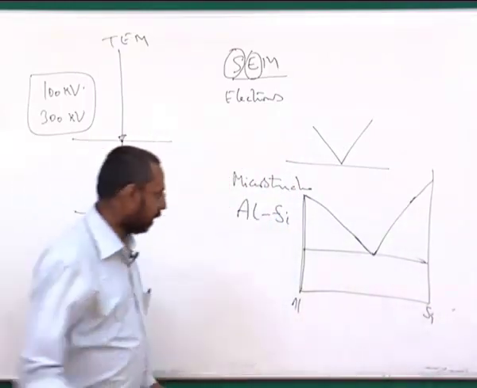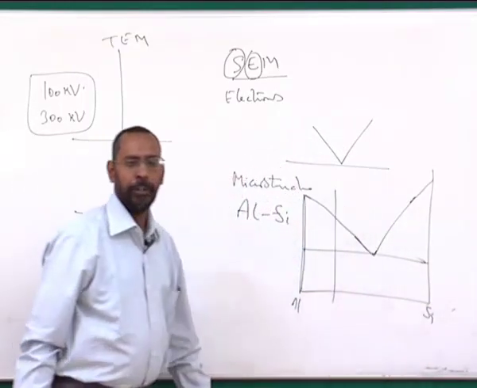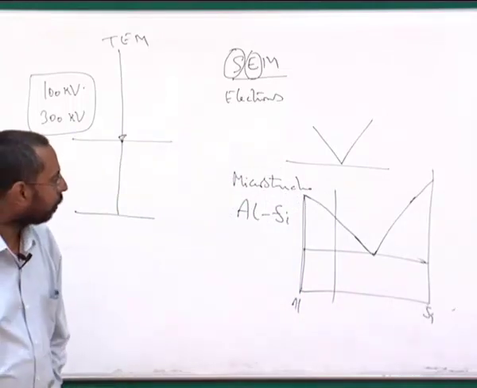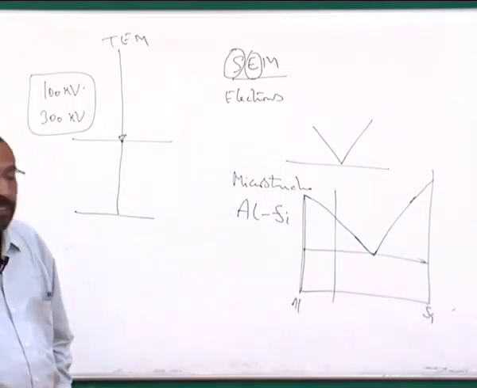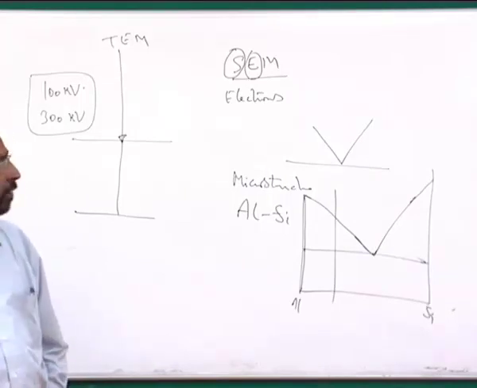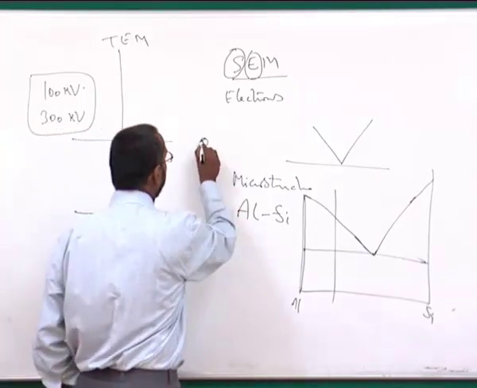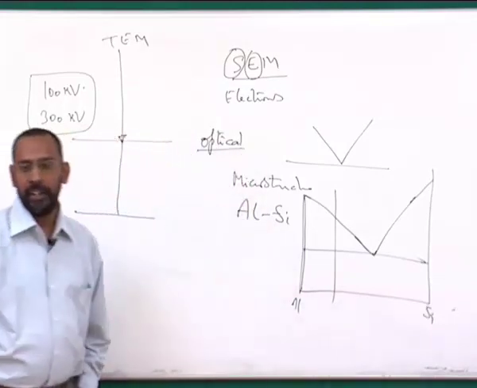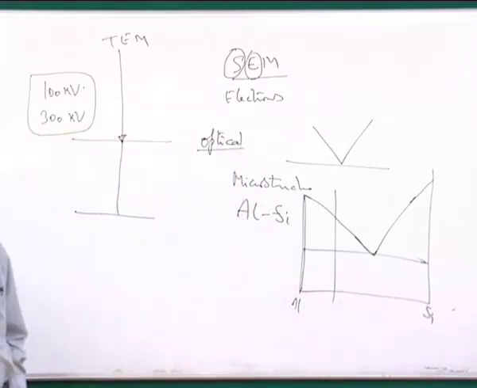And if you are choosing a hypoeutectic, we were talking about the microstructural features that we observe in a scanning electron microscope. So the similar features that we usually see even in an optical microscope can be seen in a scanning electron microscope, excepting that you can see them with a better resolution.